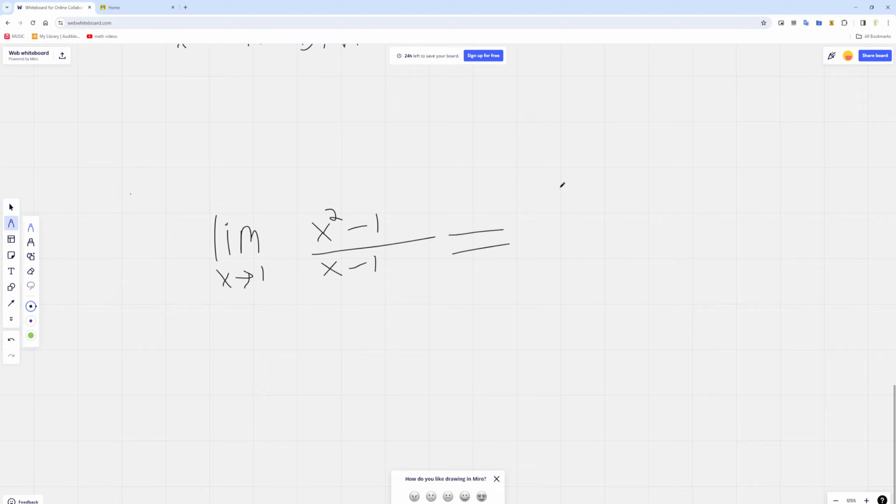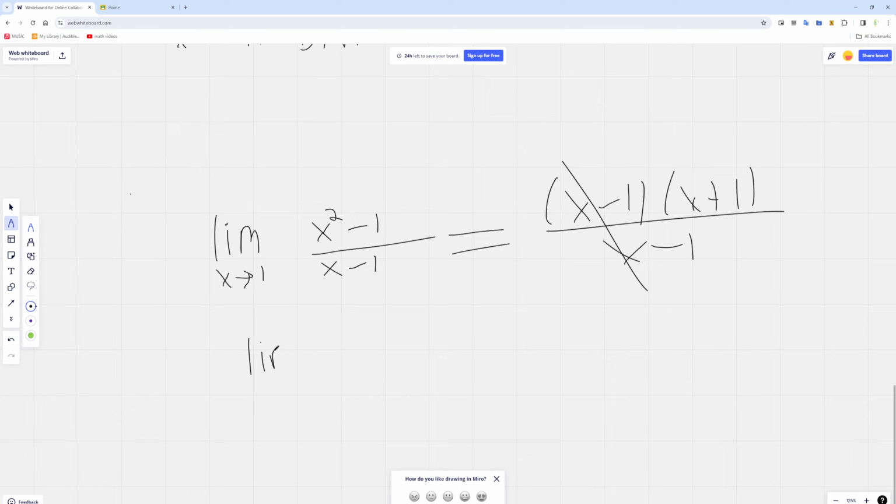Here's what we'll do. Let's factorize the top as x minus 1 times x plus 1, over x minus 1. And know that what we're doing is making x closer and closer to 1. So x won't ever be 1; x is just going to be infinitely close to 1. So in other words, we could cancel these out.